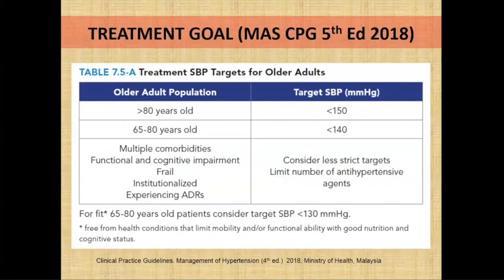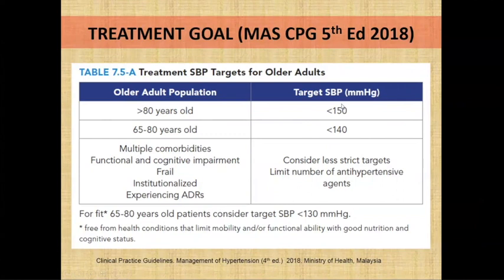So the treatment guideline. This is what I took. You see, it looks different from my slide, I mean the color, right? So I actually copy pasted exactly from the Malaysian guideline. So for older people, they also define very elderly. For very elderly, more than 80 years old, the treatment guideline is less than 150.